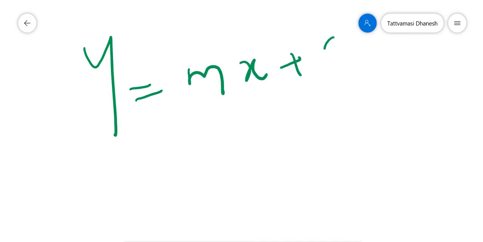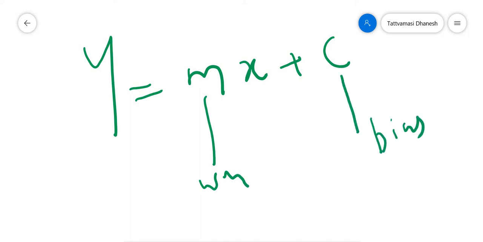The simplest explanation I can give you: in the model y is equal to mx plus c, here m is the weight and c is the bias. The cost function can be optimized by varying the weight and bias of the network.